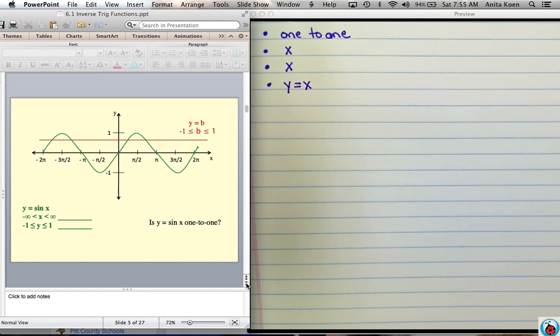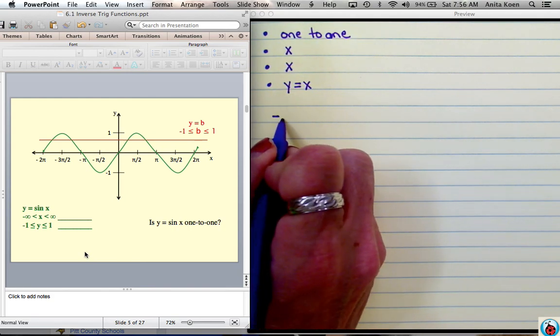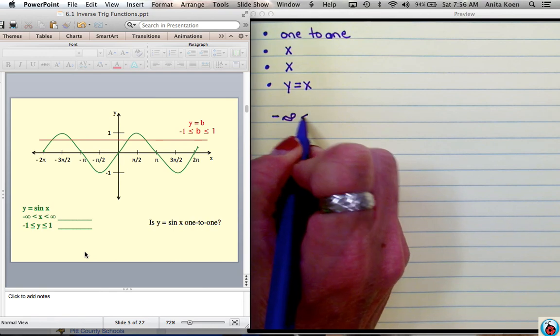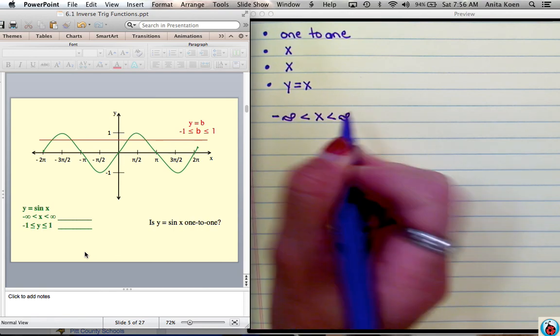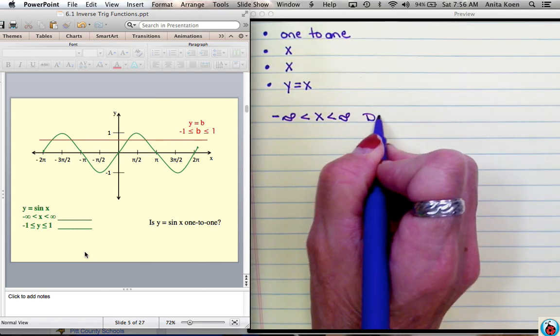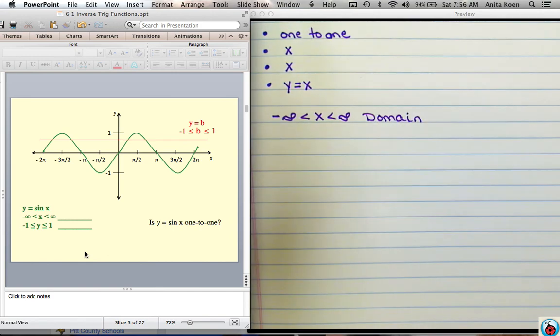Okay, so hopefully we know now that a one-to-one function is the only kind of function that has an inverse that is also a function. This is the graph of y equals the sine of x, and hopefully you know this function very well. We've been working with it for a long time. Hopefully you know that negative infinity to infinity is the domain of this function.